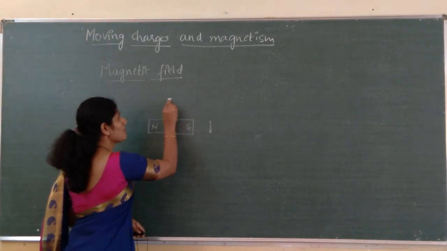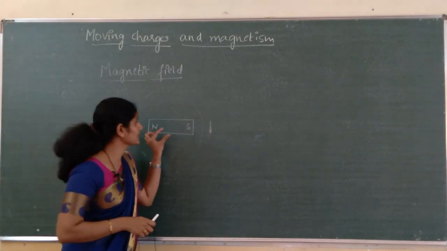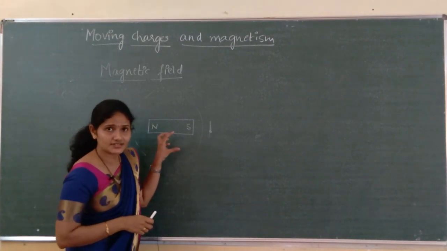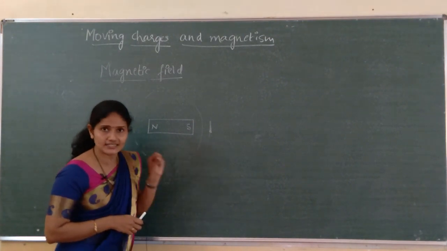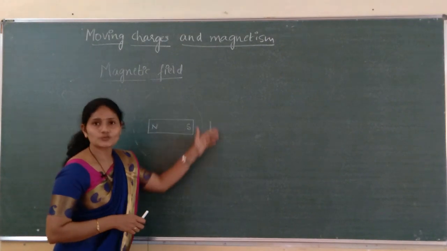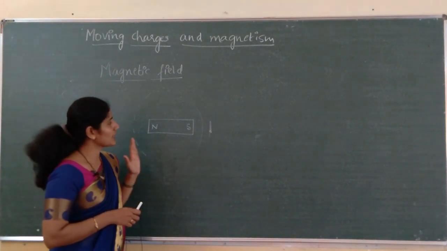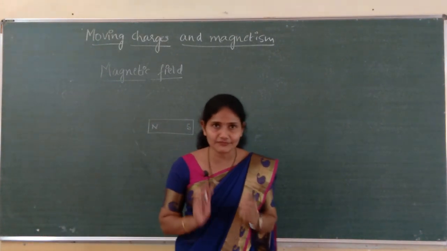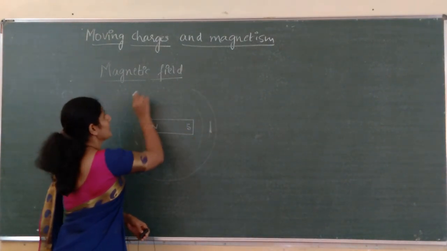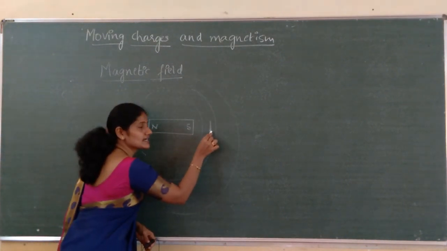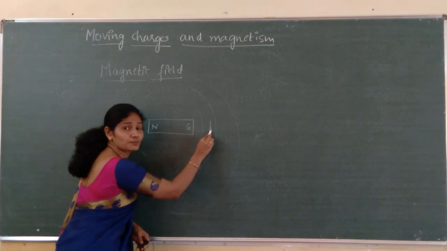Around this bar magnet, due to this bar magnet's characteristic, it exerts an effect around the space. So, every magnet exerts an effect around the space. This space is called magnetic field. When you place this iron nail in this field, the nail will experience force.